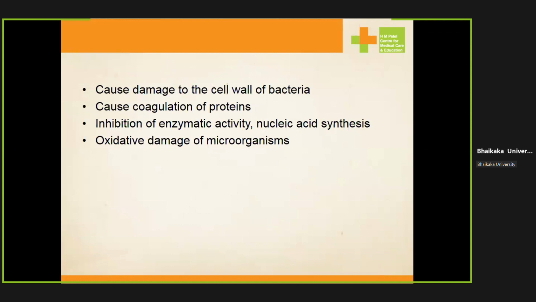Sometimes they would also inhibit enzyme activity or nucleic acid synthesis, and there can also be oxidative damage to organisms. So a disinfectant can be a single reagent, or it can be a combination of different reagents. Each reagent will have a different way of killing microorganisms. So you can have more than one way of killing a bacterium.